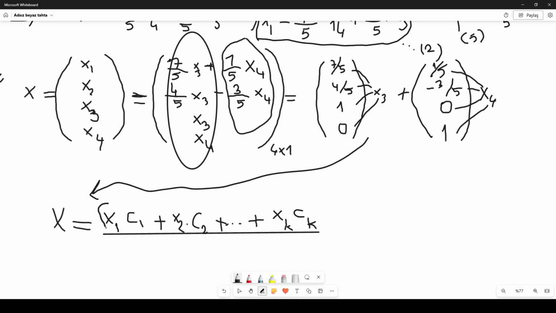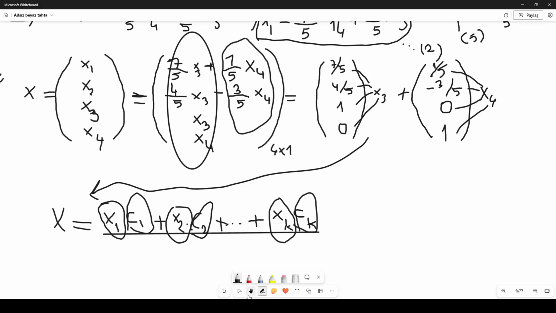Here again, the unknown variables x1, x2, up to xk are the free variables. And what are these c1, c2, up to ck? They are just matrices. So we have coefficients and the matrices, and we use them to express our general solution as an algebraic sum.